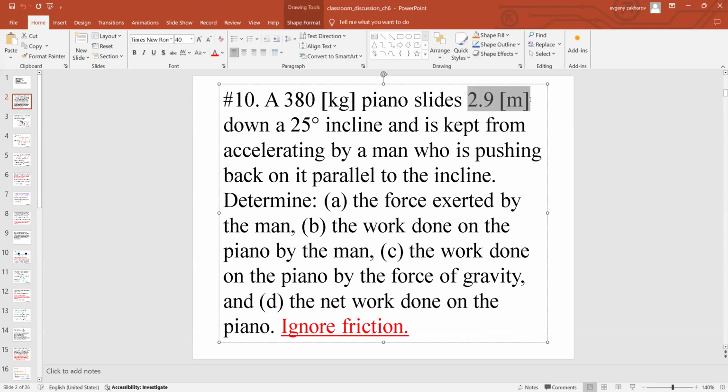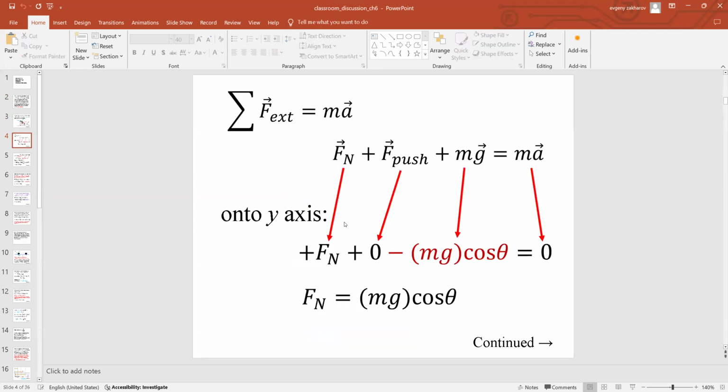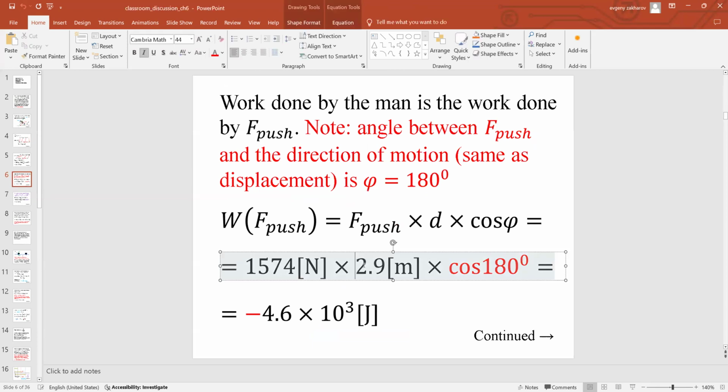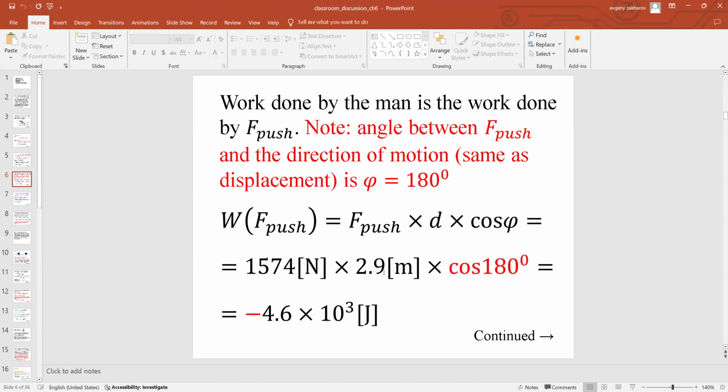Yeah, it is given as 2.9 down the incline. And the cosine of 180 makes it a negative result, -1. So it's a negative. And whatever the value from multiplication, you get 4,600 or 4.6 thousand joules. Units are joules. For work done in energy, it's always joules. So this is the work done by the man on the piano.